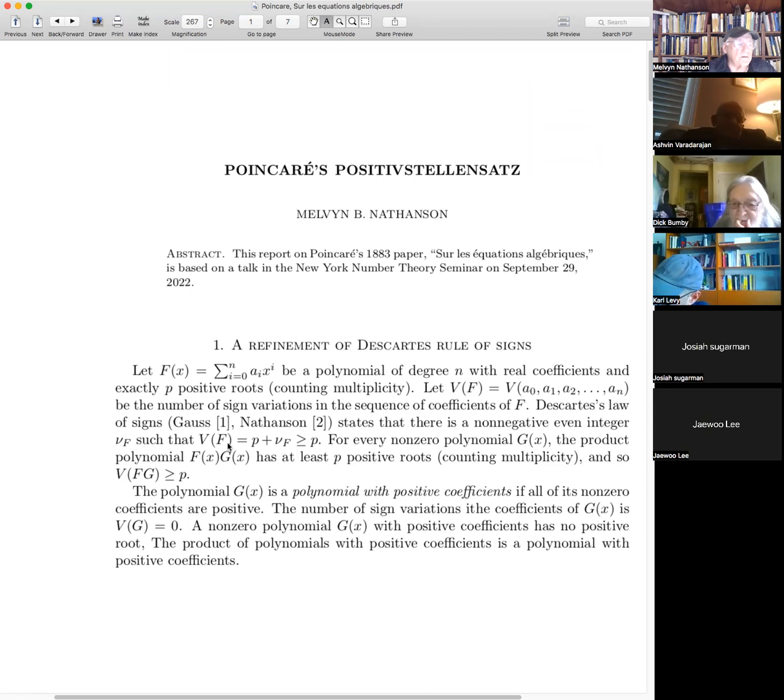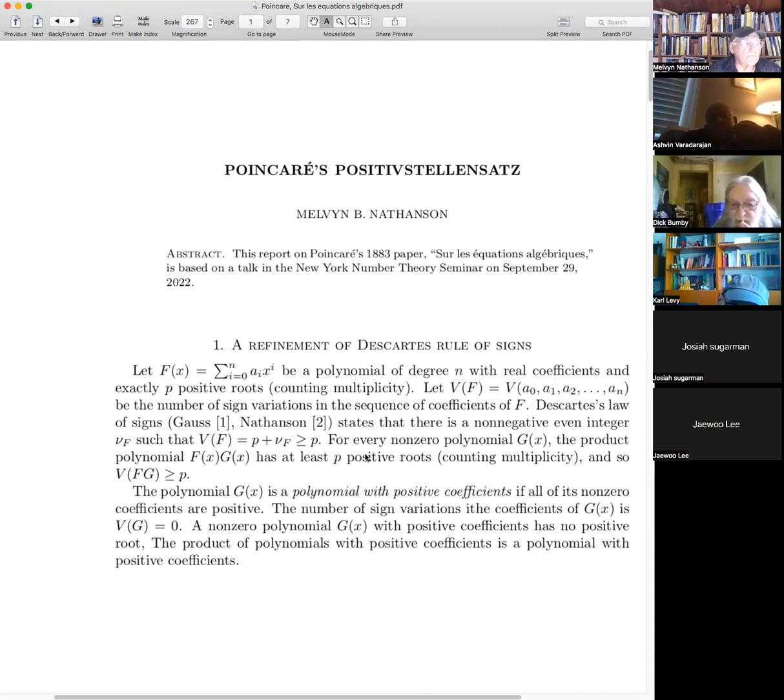And Descartes' theorem is that the number of sign changes is the number of positive roots plus an even number. I don't know if it's the first really good proof, but it's a beautiful proof. It's due to Gauss, which I wrote up at some point. Though it's better to read Gauss.